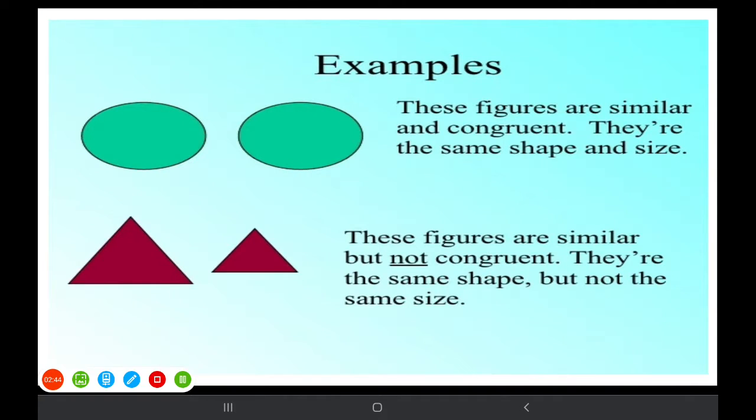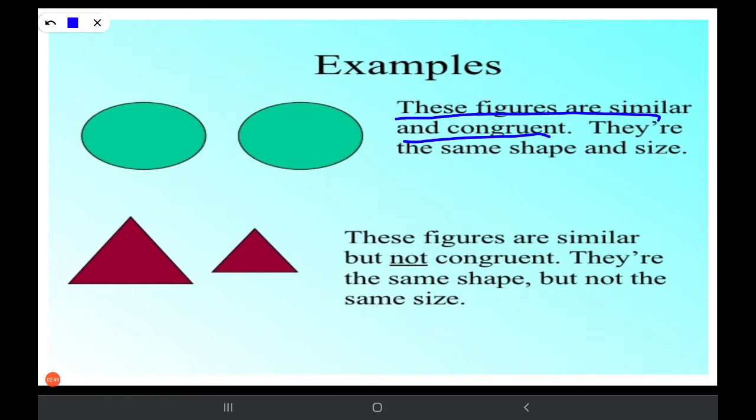So look at the example here. These figures are similar and congruent. So let us write here one more note.